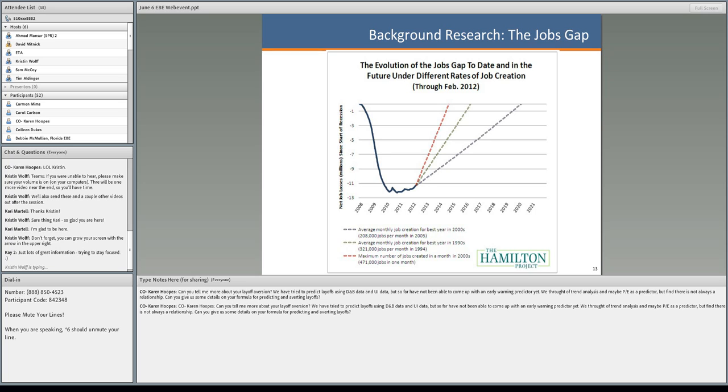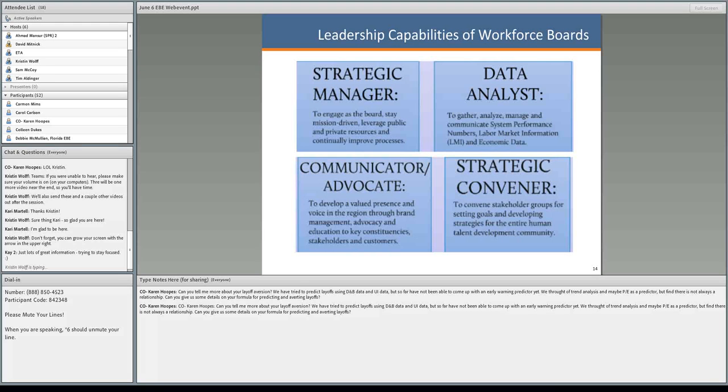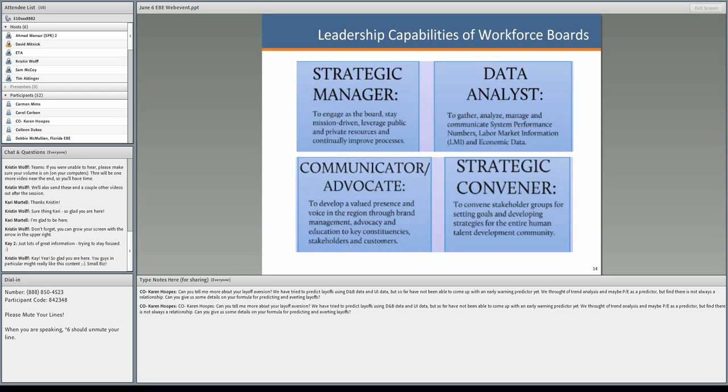Now, I also wanted to note how Just Add One really reinforces some of the national research that we've been doing at NAWB, which talks about 4 areas of leadership capacity that we have seen workforce areas at the state and local levels use to make breakthrough investments and initiatives that have really helped their local economy.